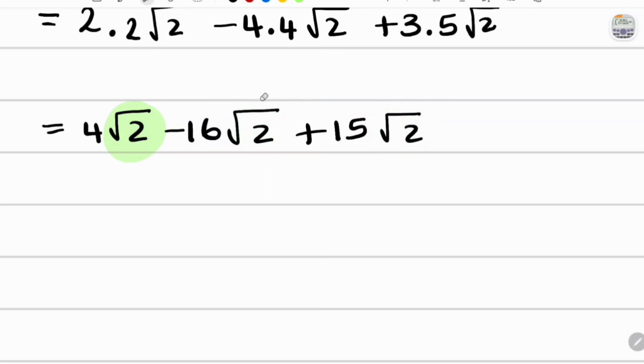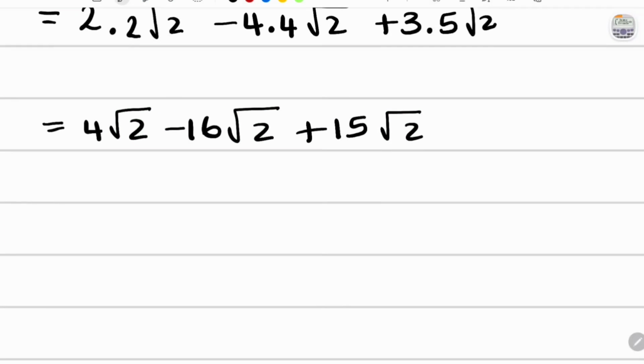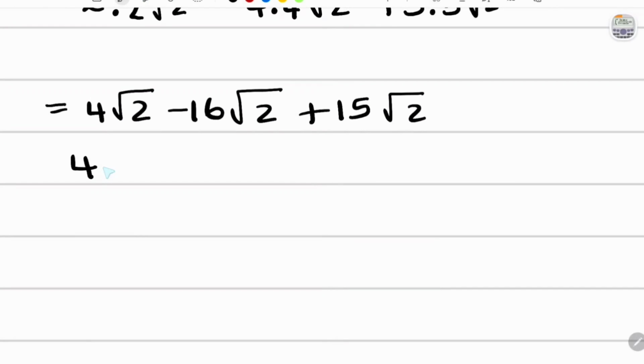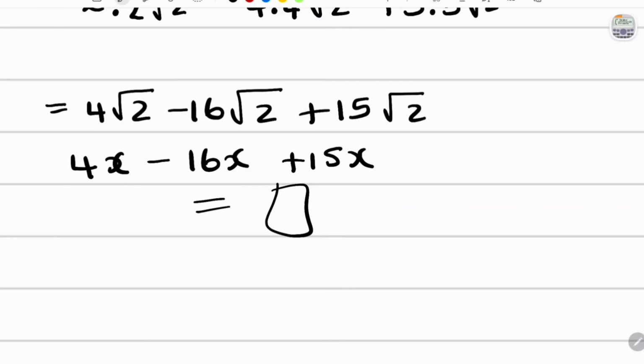Surds really behave like letters. They're like algebra. So you can kind of see this as like 4x minus 16x plus 15x. The same way you would simplify this expression is the same way you would simplify that. So whatever your answer is, it would be something x. This one would be whatever that number is, square root 2, acting as if it is your variable.